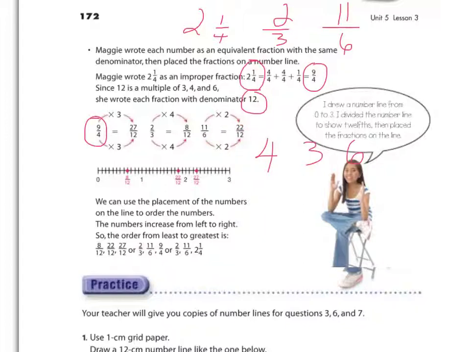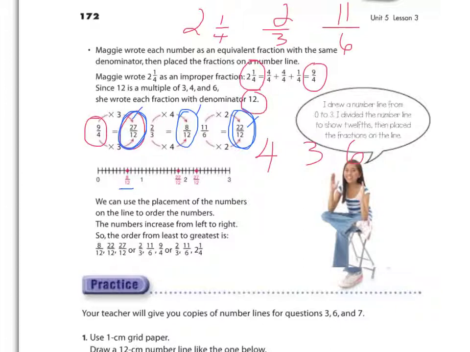So now I have 3 new fractions. I have 27/12. Let's make this a different color. 27/12, 8/12, and 22/12. Now it's really easy. 27 is the biggest, 22 is the middle, and 8 is the smallest.